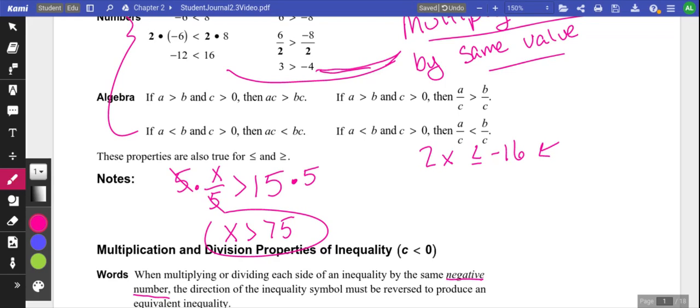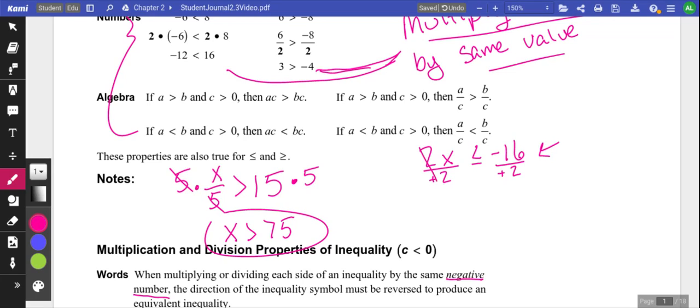I need to flip my sign. Not necessarily, because you are multiplying by 2, so you'll divide by 2 to undo it. You're dividing by positive 2, okay? You're not dividing by negative 2, so just because the number you're dividing or multiplying is negative doesn't mean you have to use that special rule. A lot of people get mixed up with that.